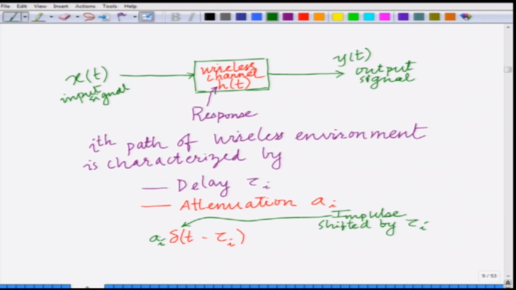So a_i delta(t minus tau_i) represents the system which attenuates the signal by a_i and delays it by tau_i.